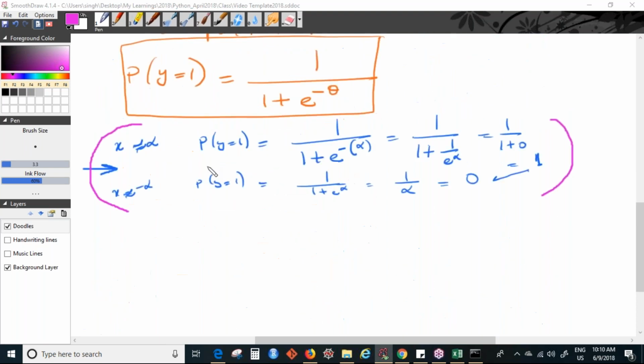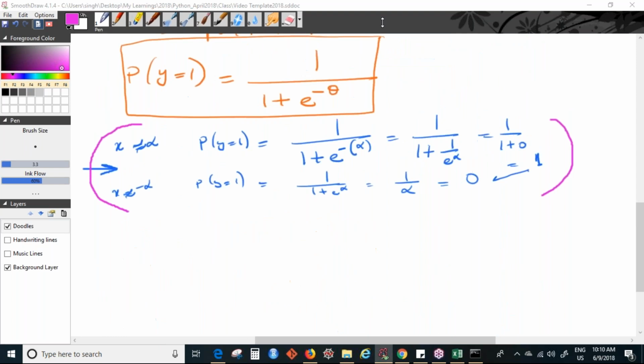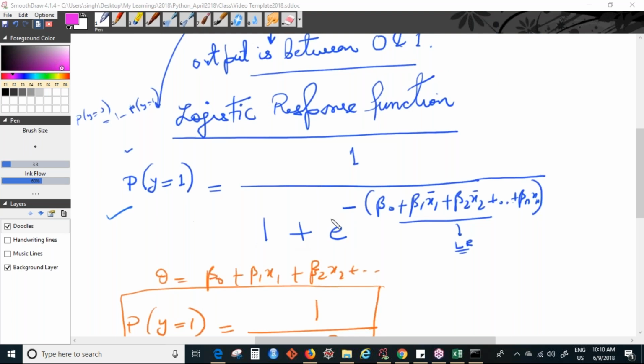It is the same. So this is the maths behind it. Now there is another concept. Now how does this look like in a graph? Let us draw the graph for this.